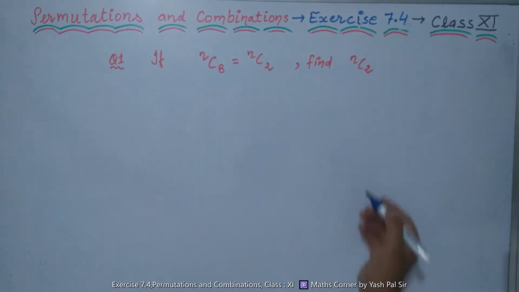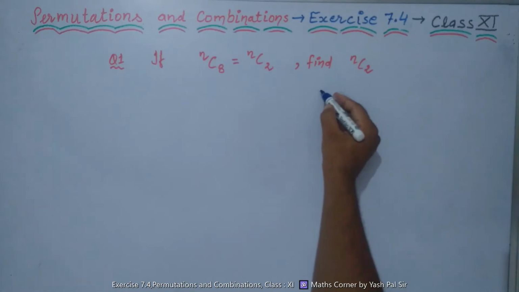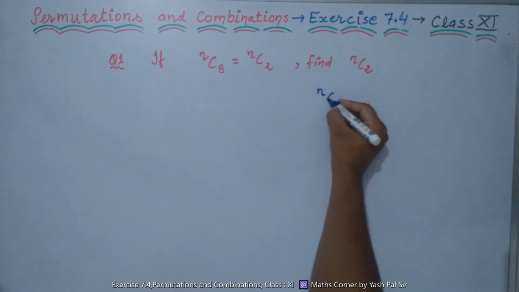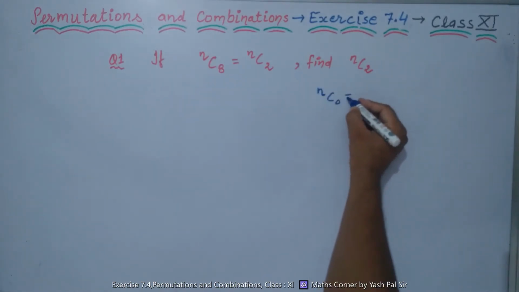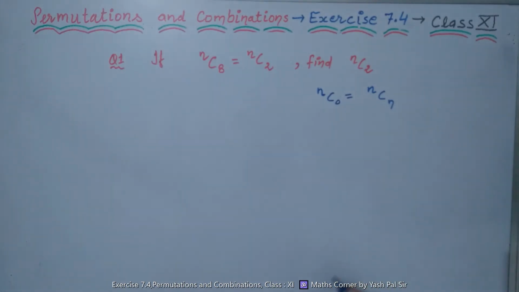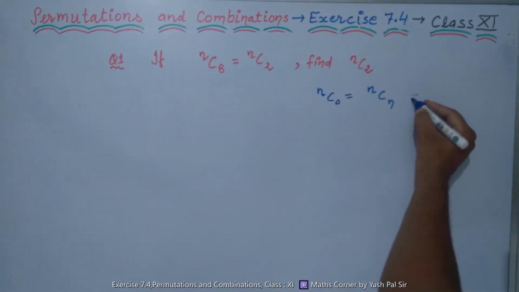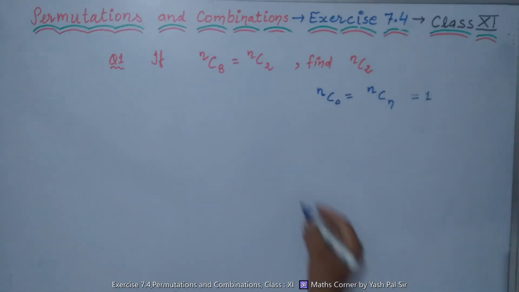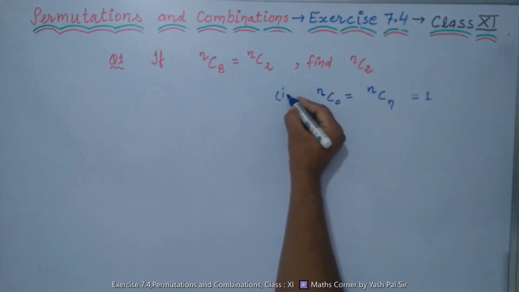So my dear students, before solving this question, this is a very important thing: nC0 is equal to nCn, and the value of this is equal to 1. This is number 1.